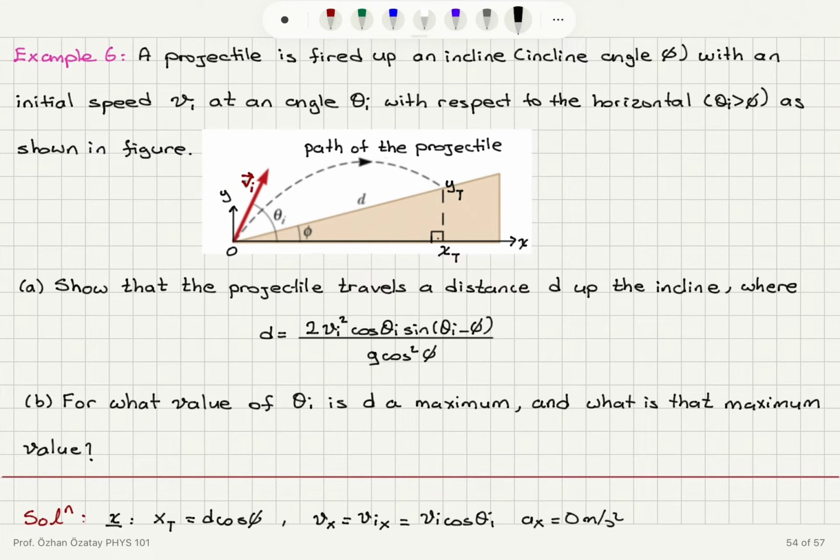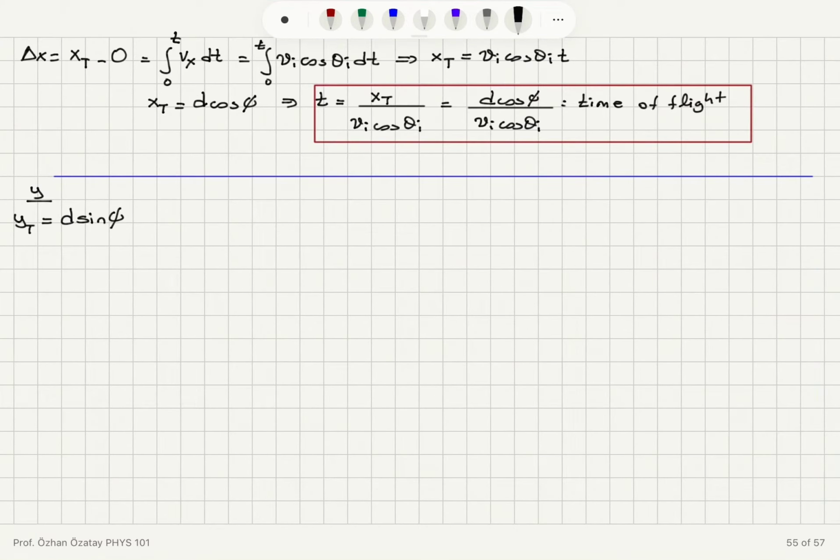You can see that from this right triangle here, xt, yt, where d is the hypotenuse. So we have yt is equal to d sine phi. And the change in the velocity y component, delta vy, is the integral from 0 to t of ay dt.